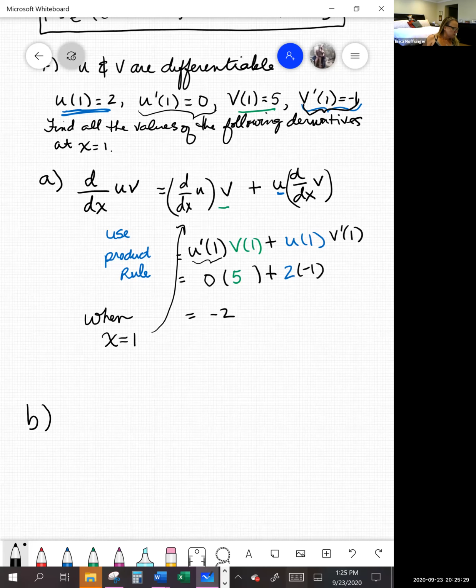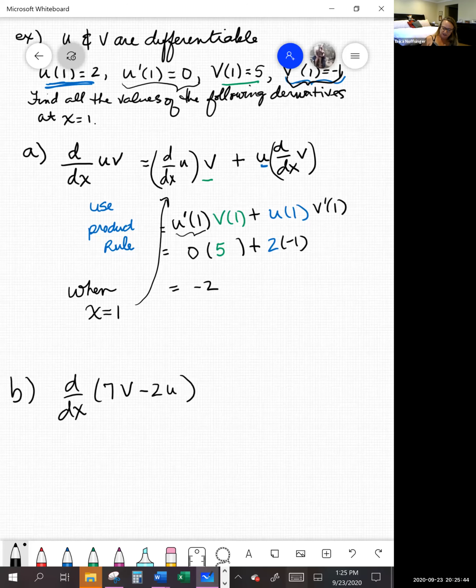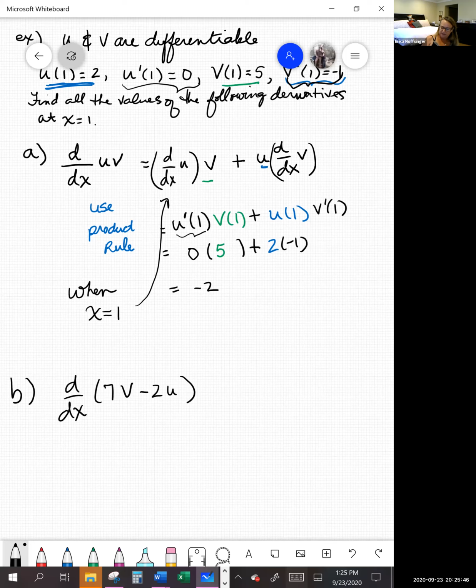One more. So if it said find d dx of 7v minus 2u. Well, this one's actually even easier, because I don't have to use the product rule here. So this is 7 times the derivative of v, so v prime of x, minus 2 u prime of x.